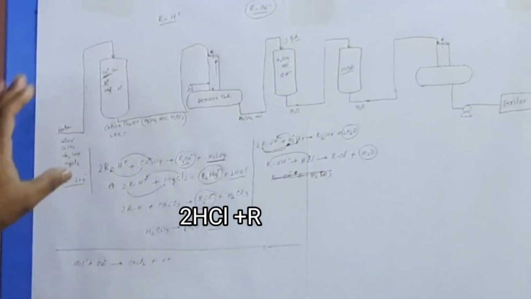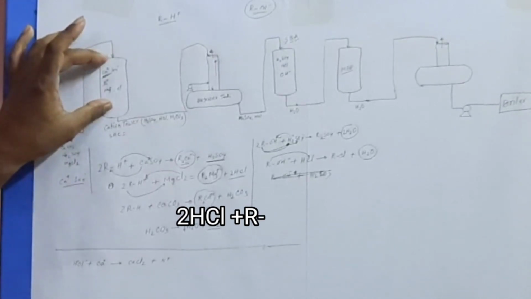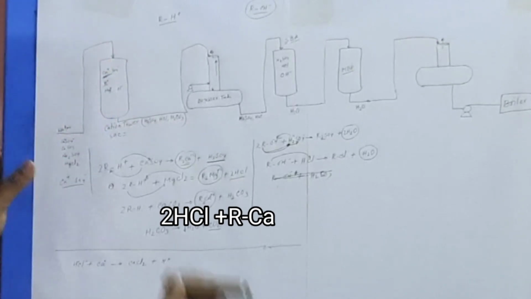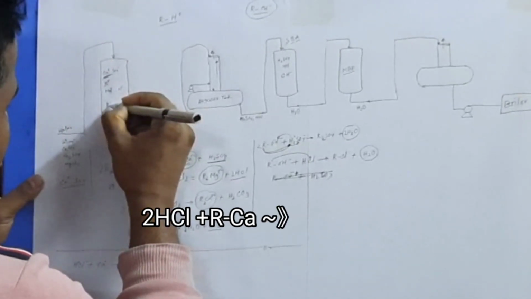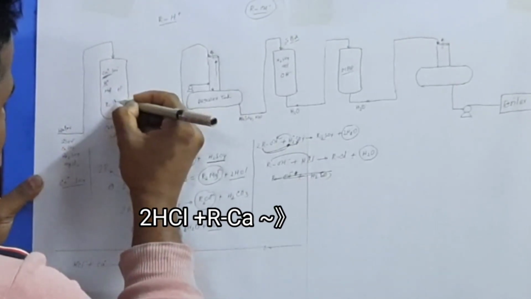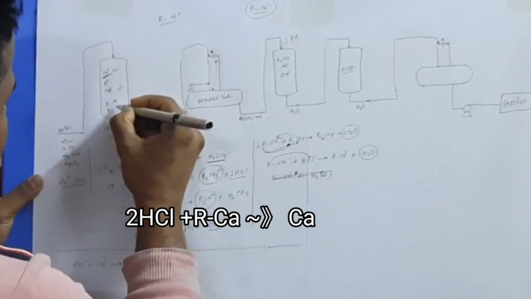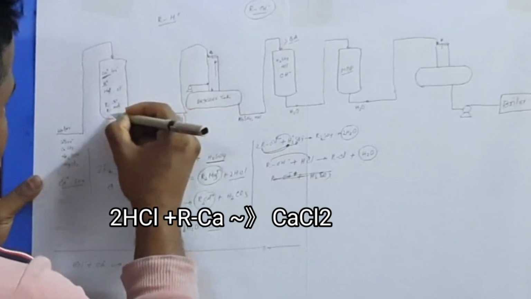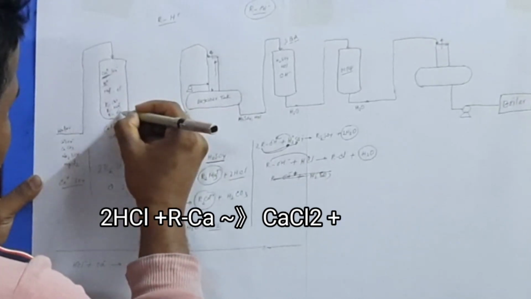For the regeneration, on the cation tower all cations or positive ions are available with the resin, like this: resin with calcium, resin with magnesium, and resin with sodium.